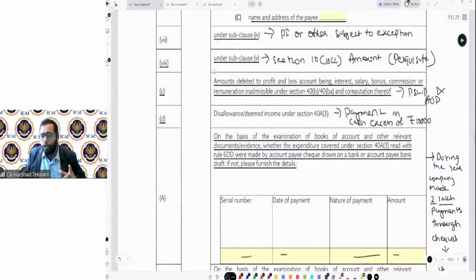In that case, what will you do? If that is the case, like you are not getting the details, what will you do? Guys, come on, quickly. If you are not able to get the details whether the checks were account payee drawn or account payee demand draft, bank draft, what will you do in that case?